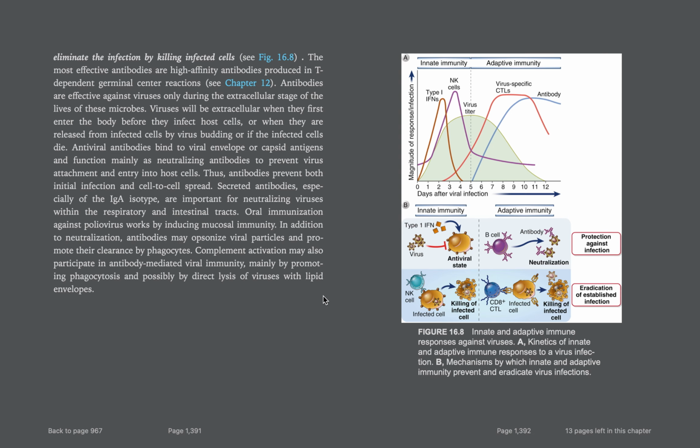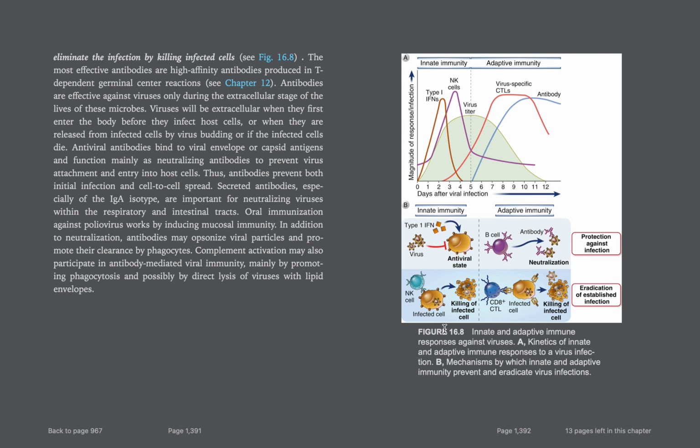Oral immunization against polioviruses works by inducing mucosal immunity. In addition to neutralization, antibody may opsonize viral particles and promote their clearance by phagocytes. Complement activation may also participate in antibody-mediated viral immunity, mainly by promoting phagocytosis and possibly by direct lysis of viruses with a lipid envelope.